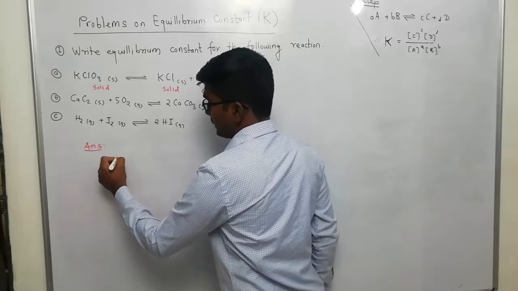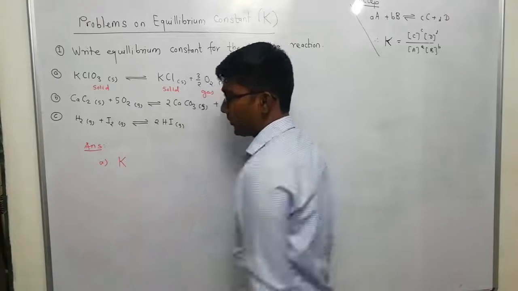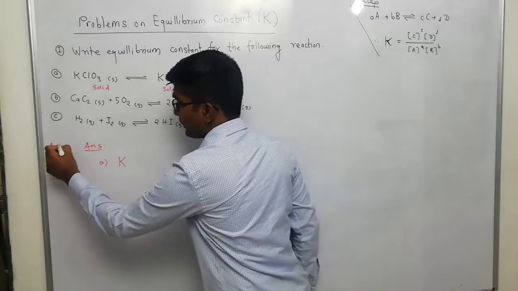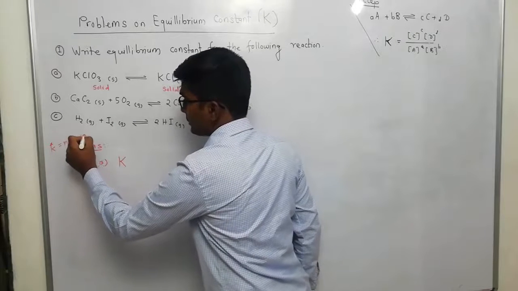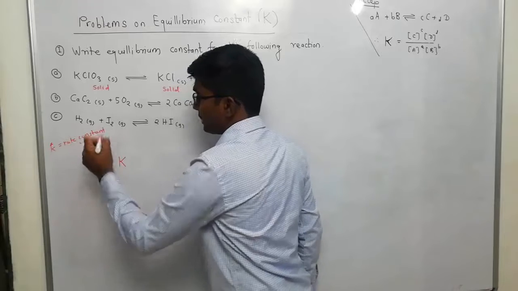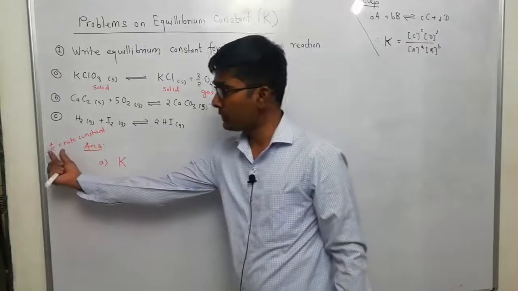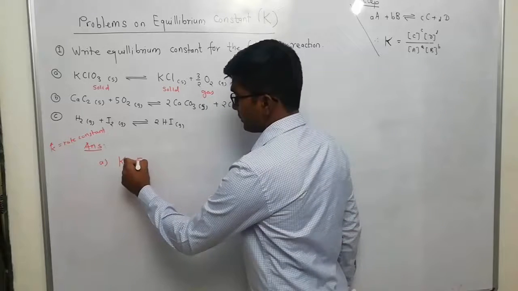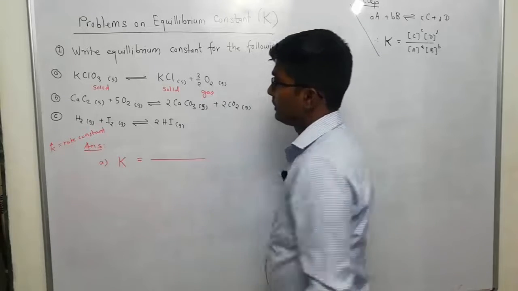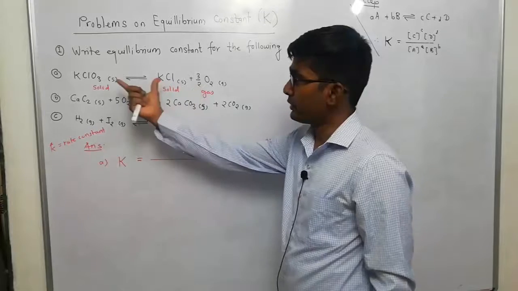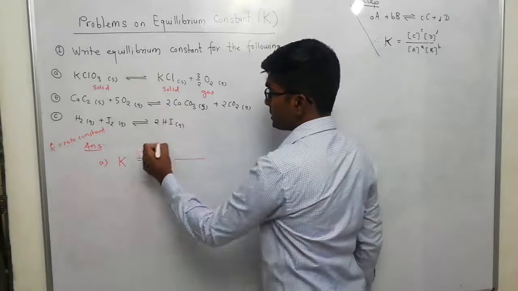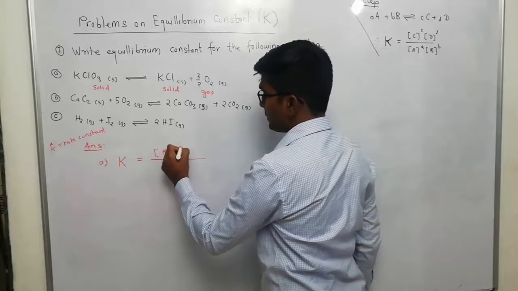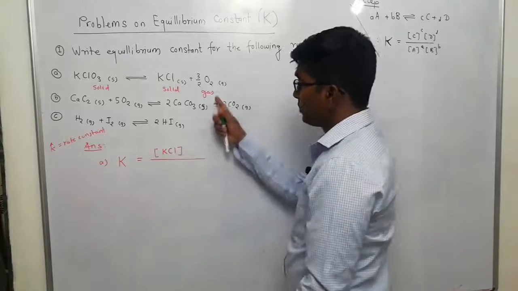For reaction A, the equilibrium constant is capital K. Small k is for the rate constant, so remember this and do not confuse capital K with small k. This capital K is equal to the concentration of products divided by the concentration of the reactant. KCl is in the solid state, so we write it in square brackets.